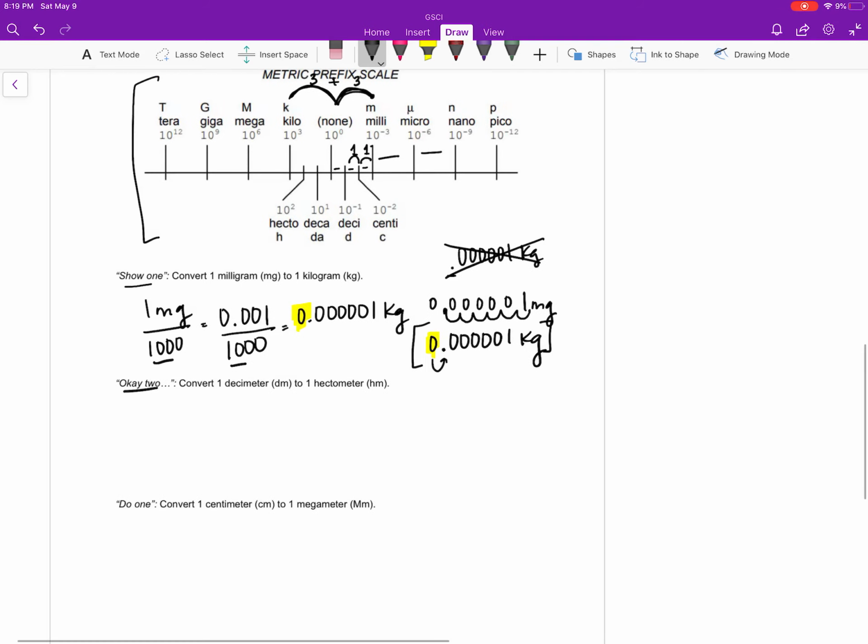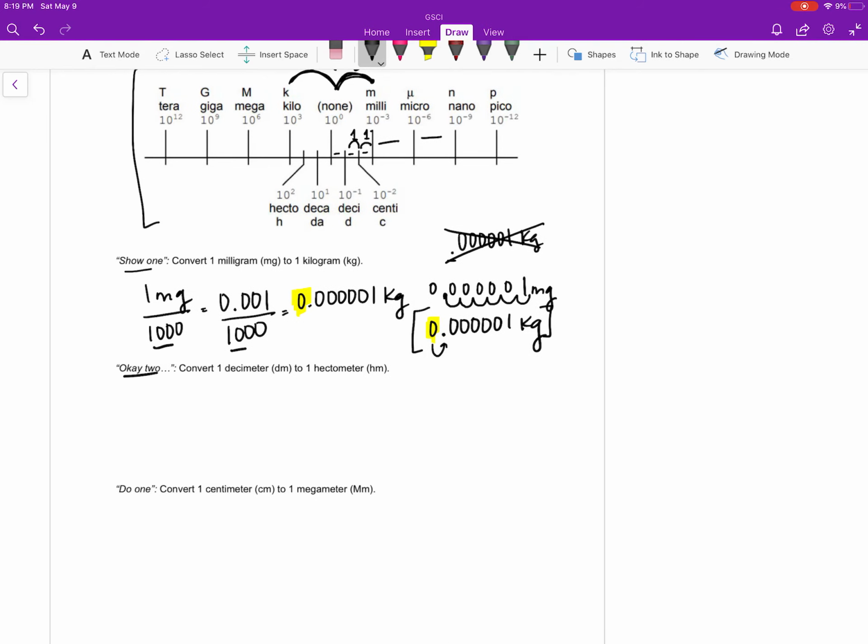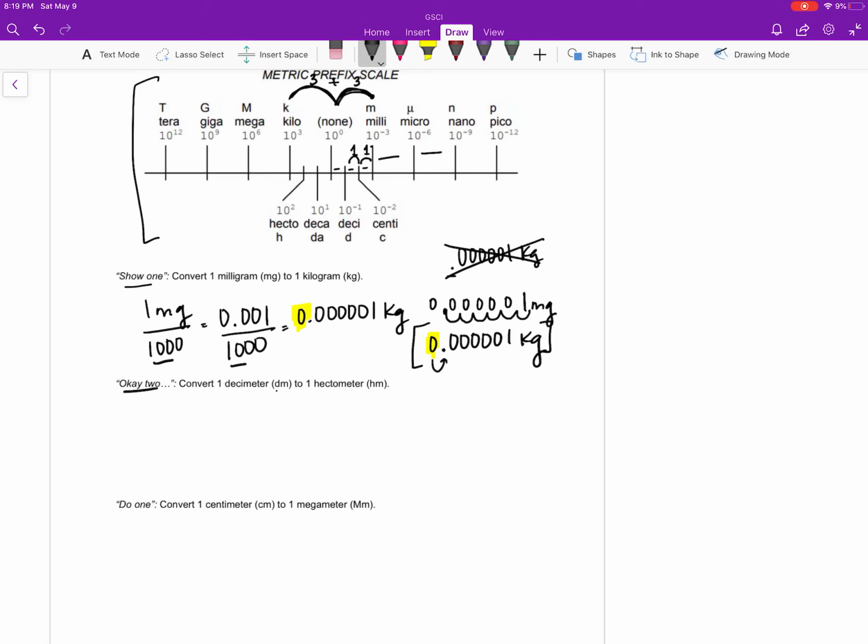So we're actually going to show 2, and then you are going to do 1 by yourself. We're going to convert 1 decimeter, that's dm, to 1 hectometer, which is hm. So now we're going to move over 1, 2, 3 decimal places to the left. I'm going to start off with 1 decimeter, 1, 2, 3. And this is going to give me 0.001 hectometer.